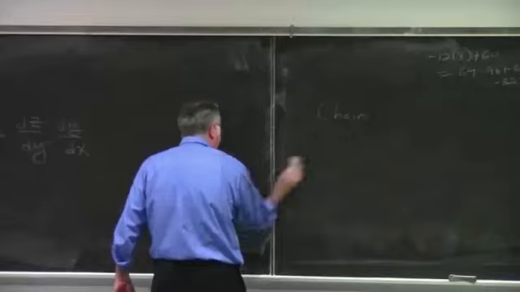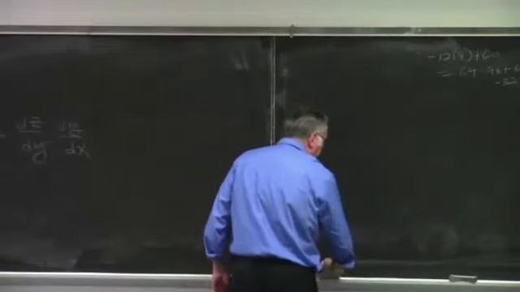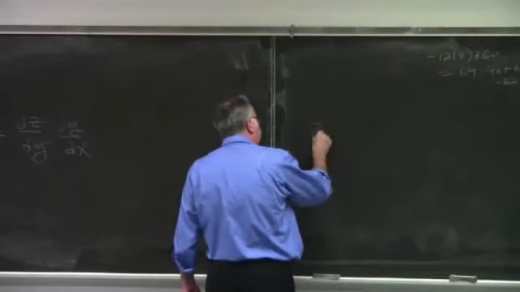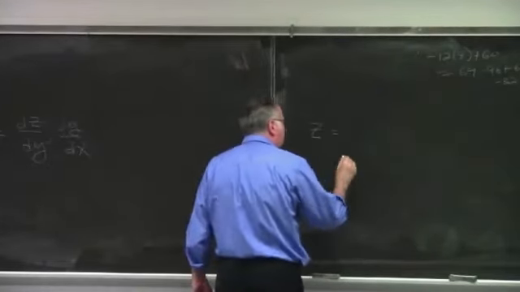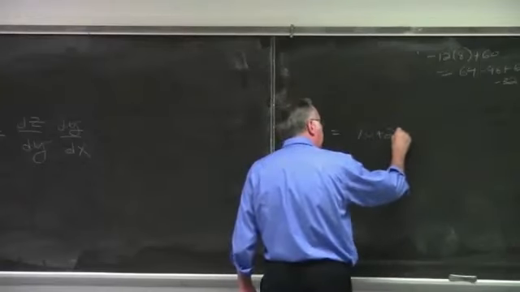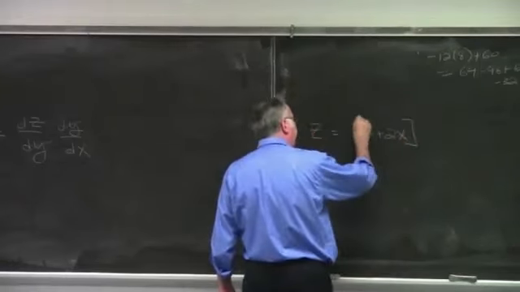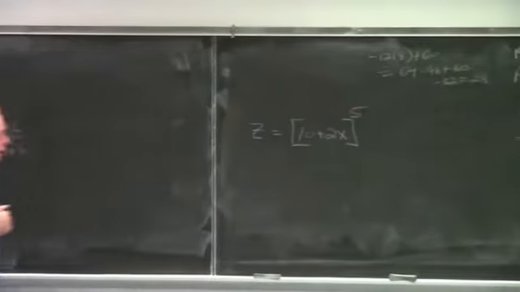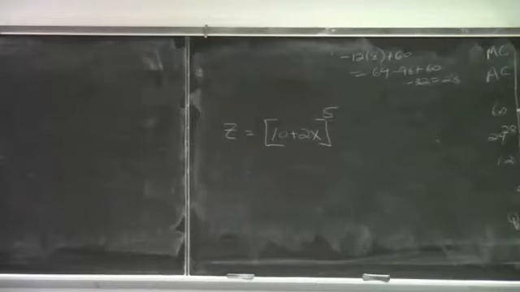The most common example is a case like this. Suppose z is equal to 10 plus 2x raised to the 5th power. And really what you want is the derivative of z with respect to x.